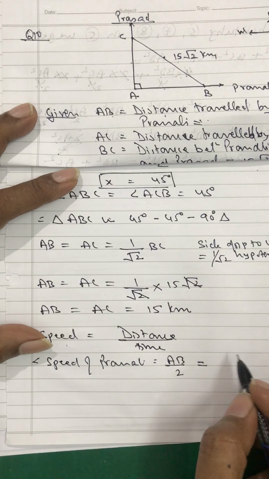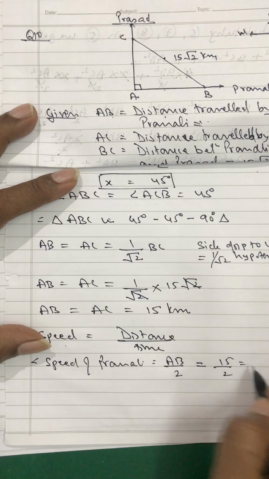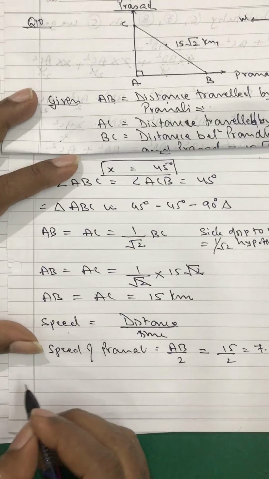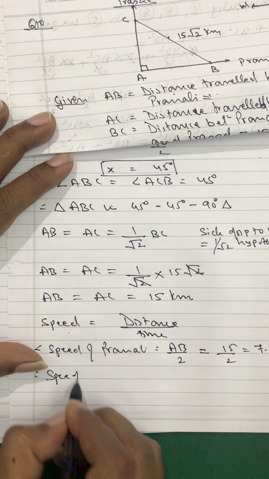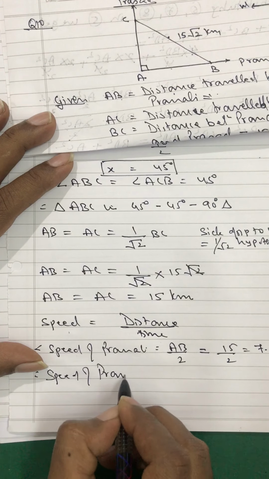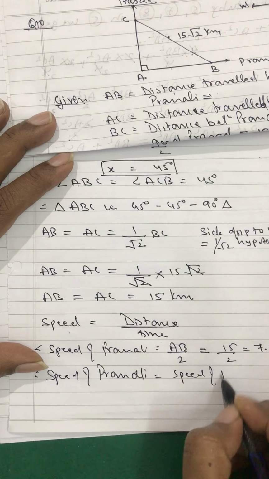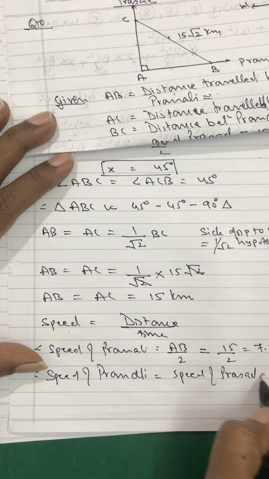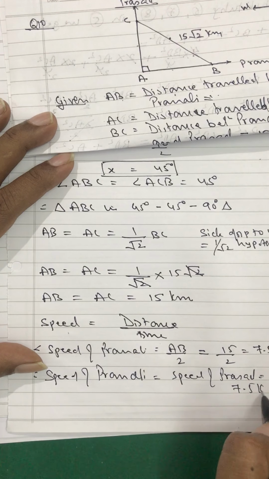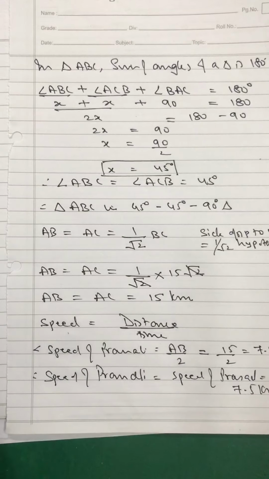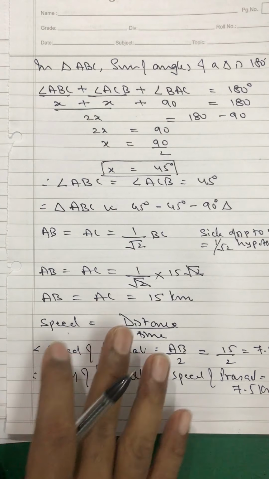So that is 15 upon 2, which is equal to 7.5 kilometers per hour. Therefore, speed of Pranali is equal to speed of Prasad is equal to 7.5 kilometers per hour. That is what they have asked us to find in kilometers per hour.